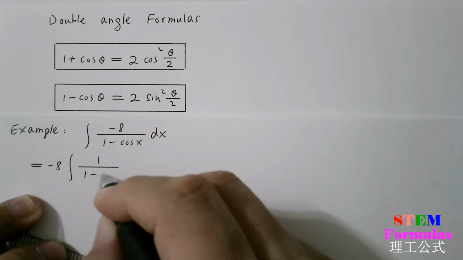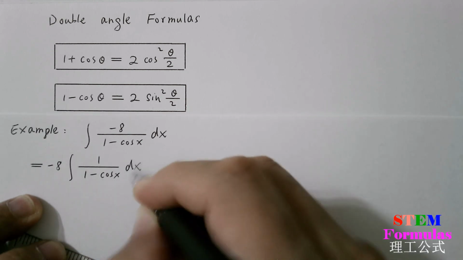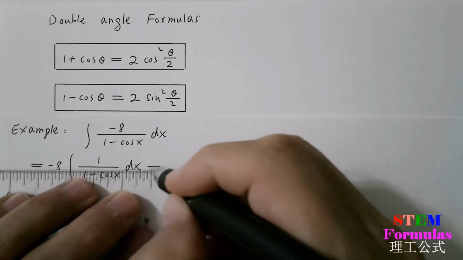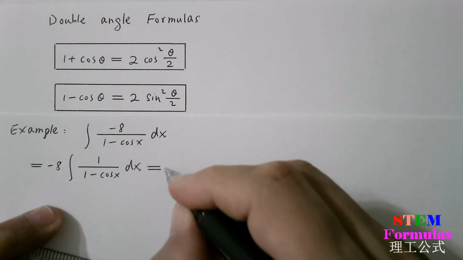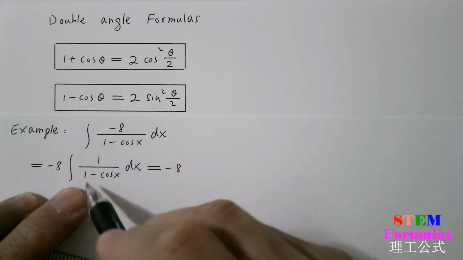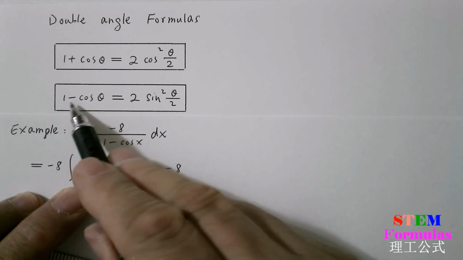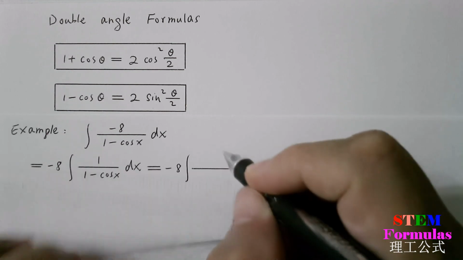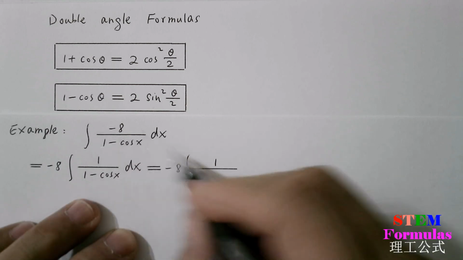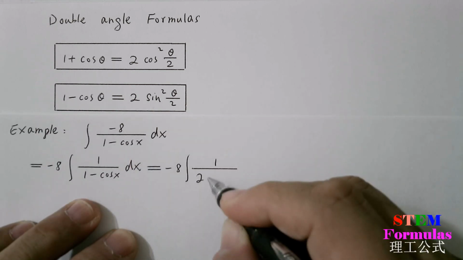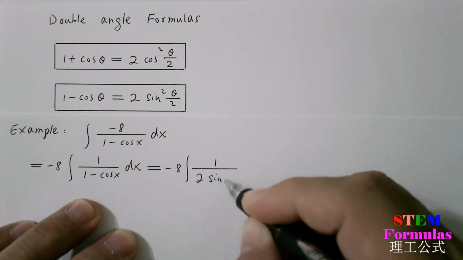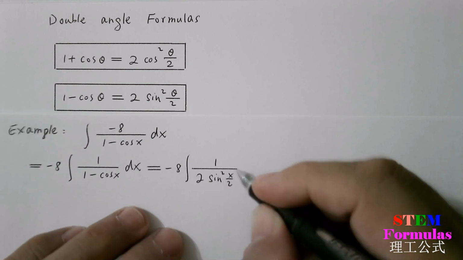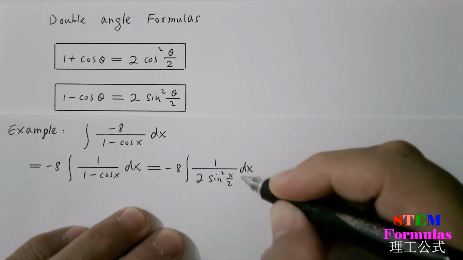Minus 8 times the integral of 1 divided by 1 minus cosine x dx. 1 minus cosine x is here: 1 divided by 2 times sine half x square dx.